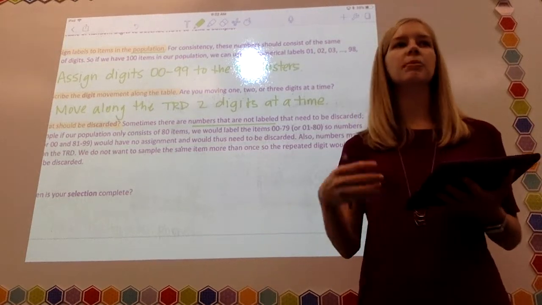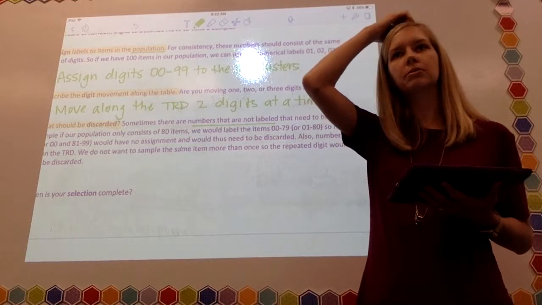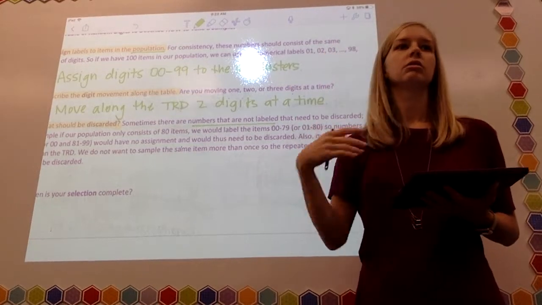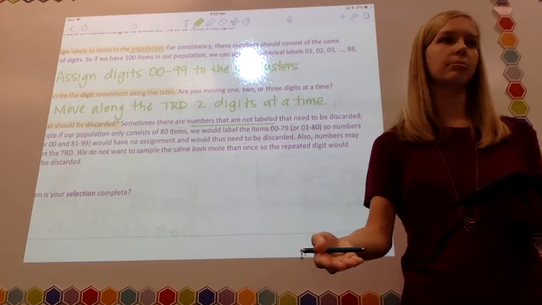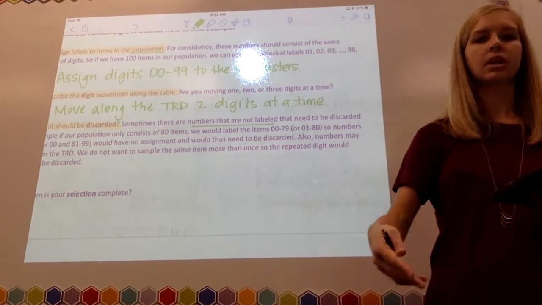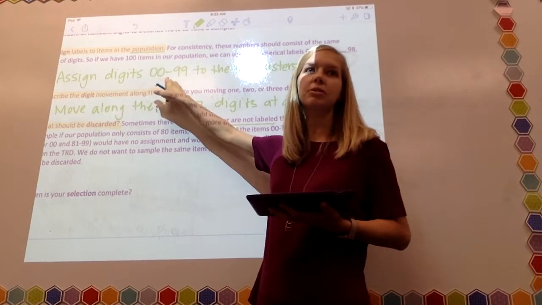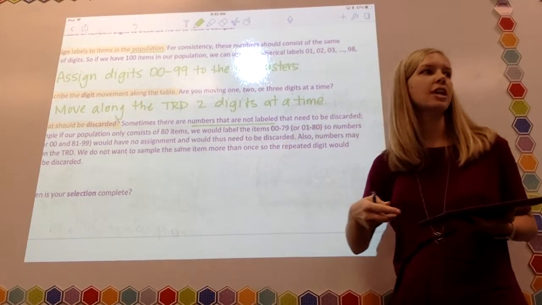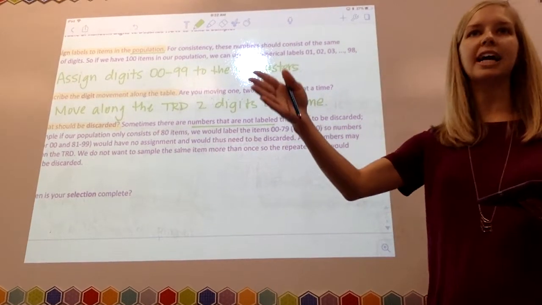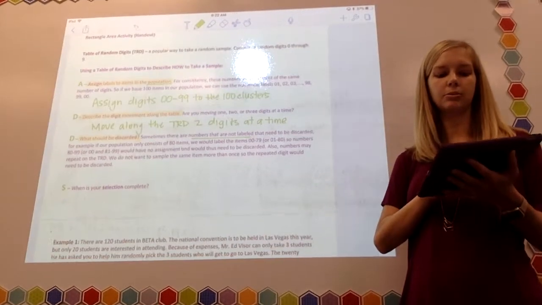Would I use the number 75 if it showed up on the table? No, because nobody got labeled 75. So I would need to discard that number. Does that make sense? Luckily with 0 to 99, is any digit not used? No, we used all the digits. So with nice numbers like 10, 100, 1000, you won't have to discard any digits, any numbers that are not labeled.